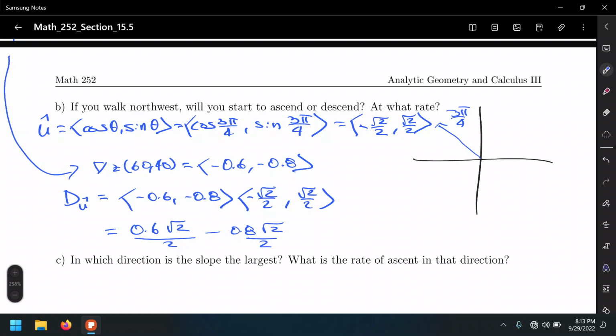If we do this calculation, I got negative 0.1 root of 2, which is the same as negative root of 2 over 10.